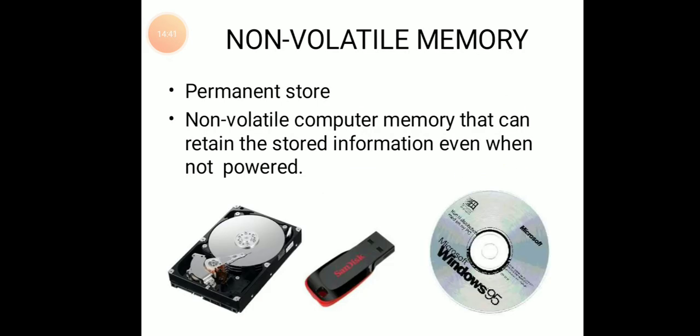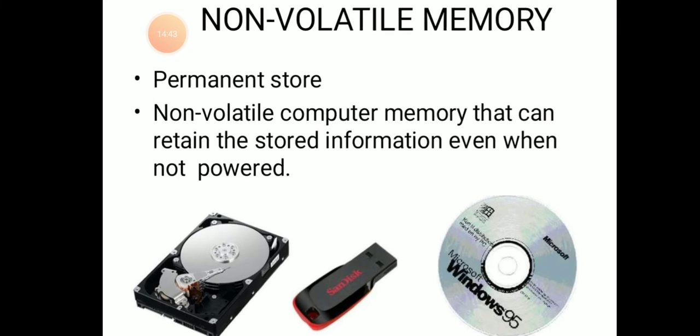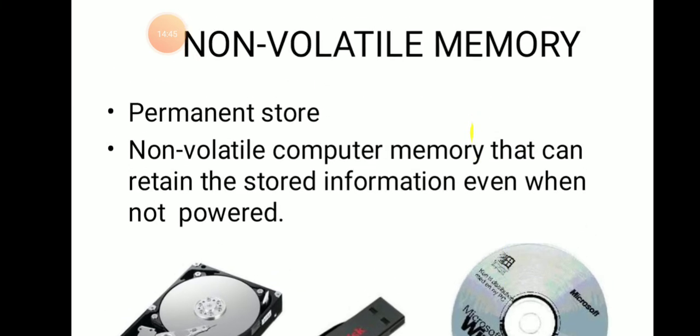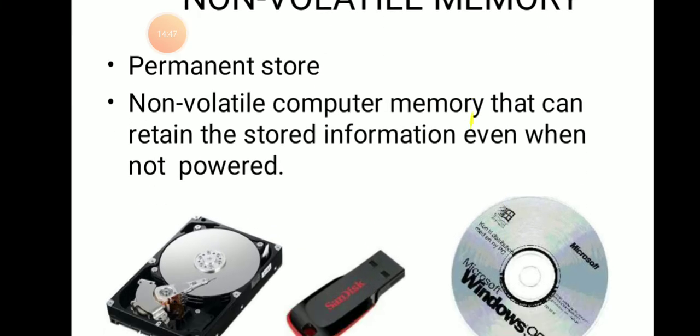Next we'll move on to non-volatile memory. Non-volatile memory is referred to as permanent stored memory, and volatile memory is referred to as temporary memory. Non-volatile computer memory can retain stored information when not powered. If power is off or gone, it will still retain the stored information.